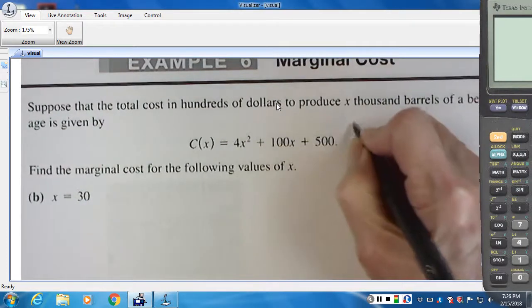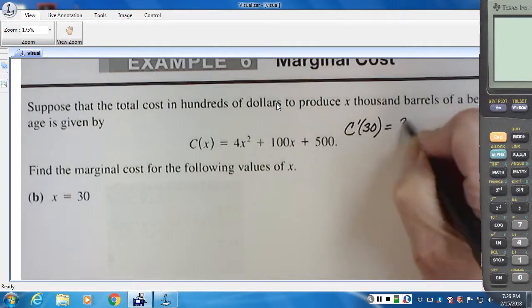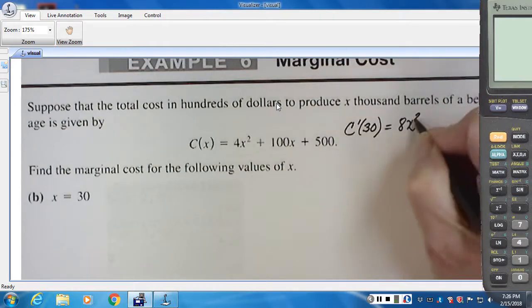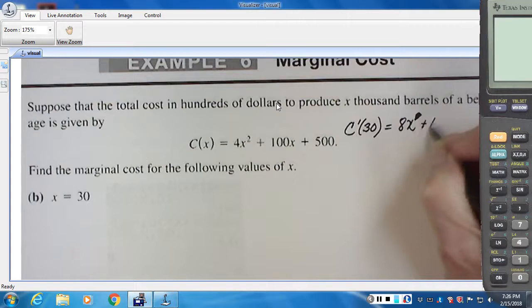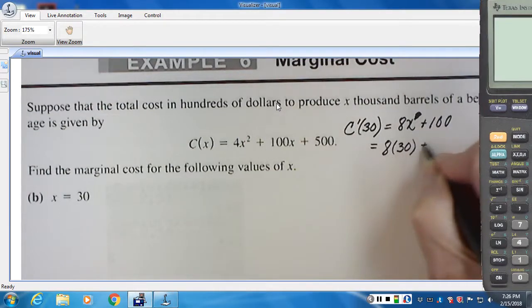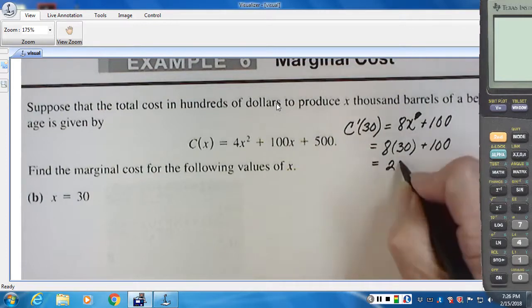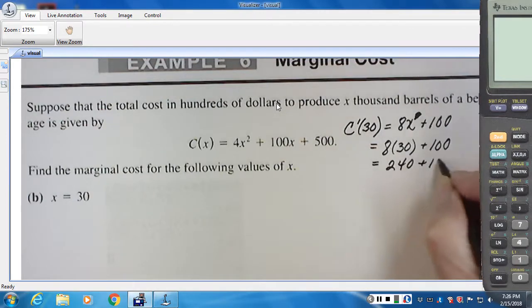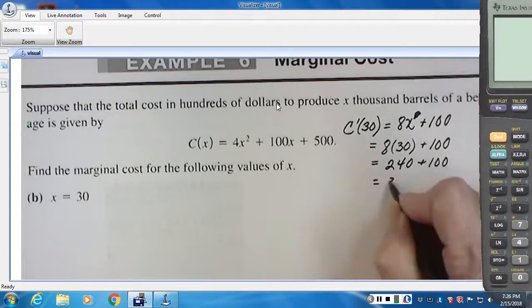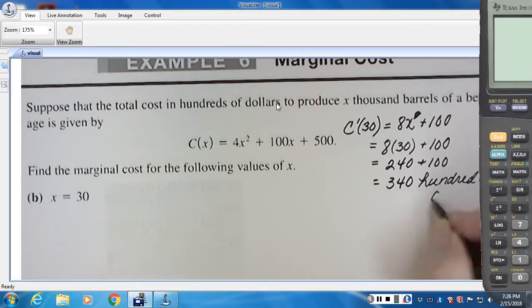So C prime of 30 thousand barrels is going to be 8x to the first plus 100, which is going to be 8 times 30 plus 100. And 8 times 30 last time I checked was 240. So that's $340 per 1,000 barrels.